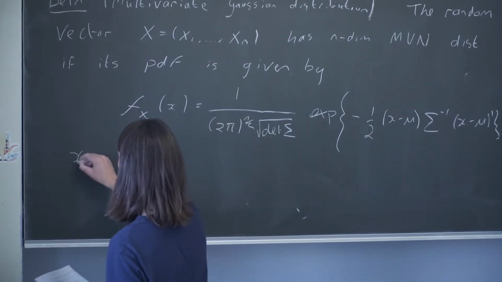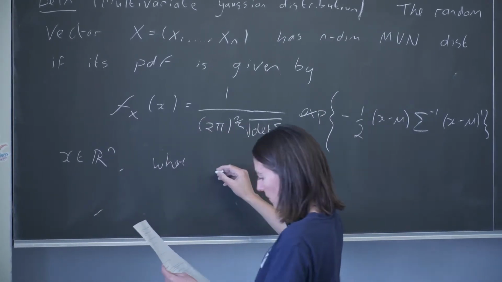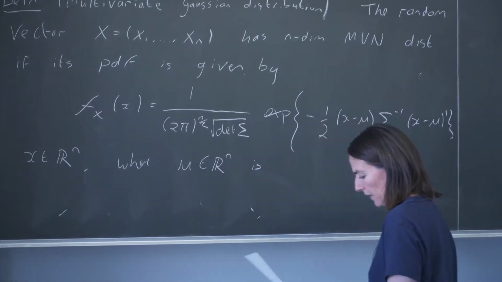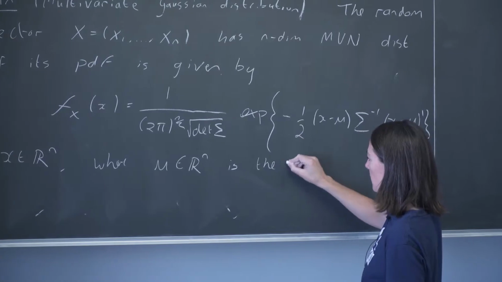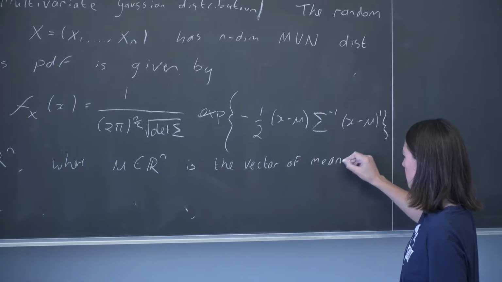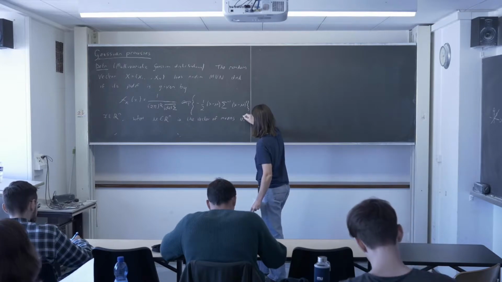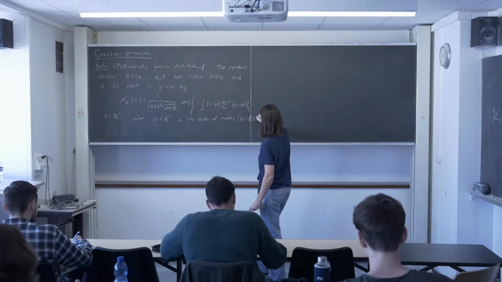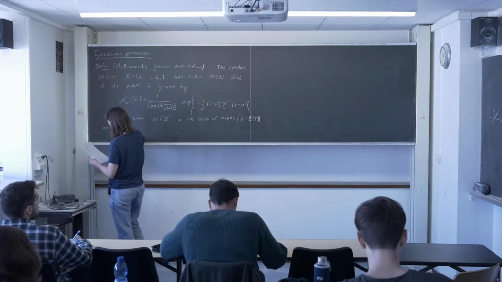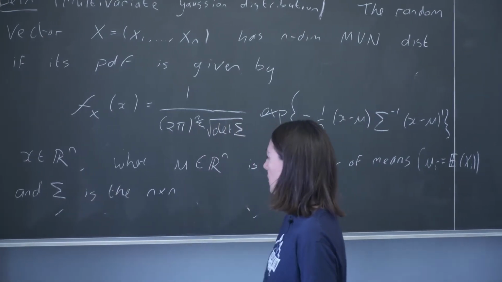This is for x in R^n, where mu is also in R^n and is the vector of means, so mu_i is equal to the expected value of X_i, and sigma is the n by n covariance matrix.